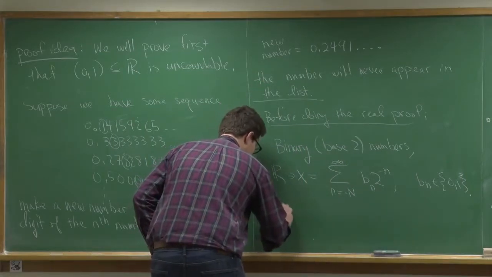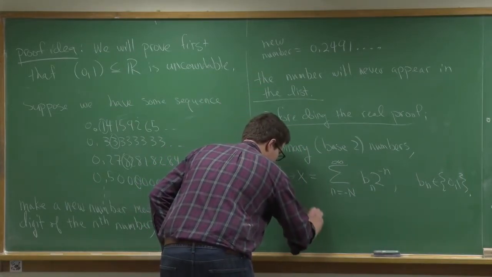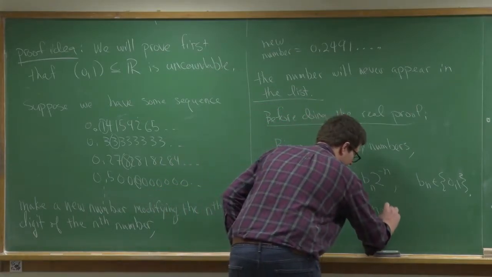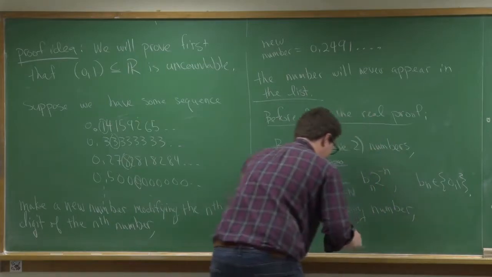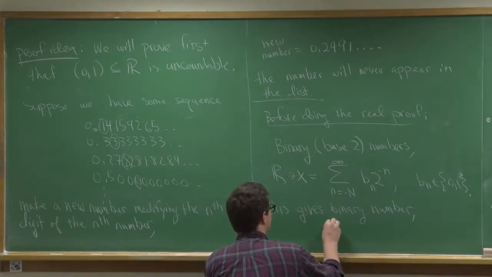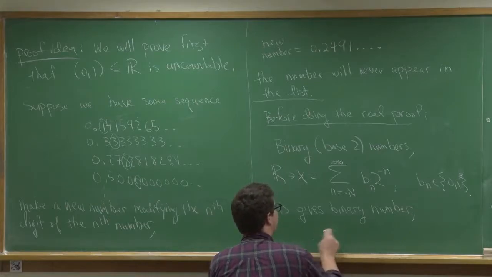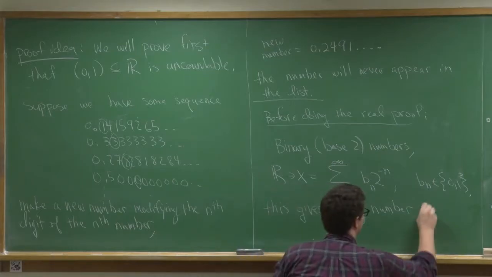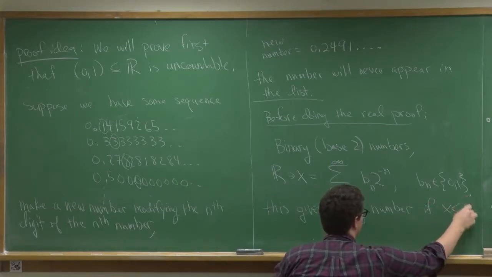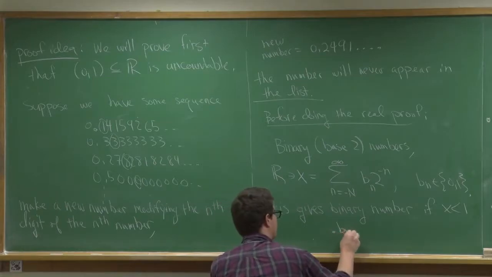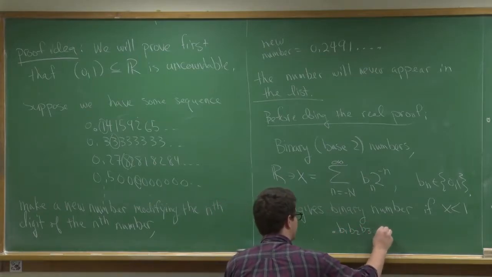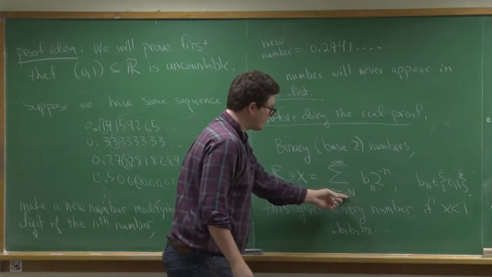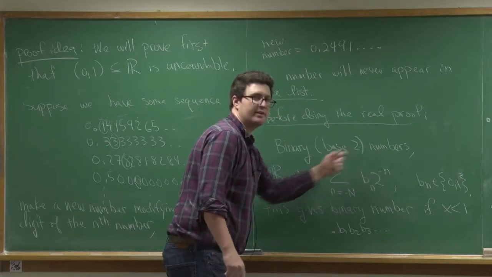This gives the decimal expansion, or a base 2, binary number. If x is less than 1, this gives something like 0.b1 b2 b3 etc. So this is just a string like this. I'm ignoring the part where the sign flips, and then you have positive things.